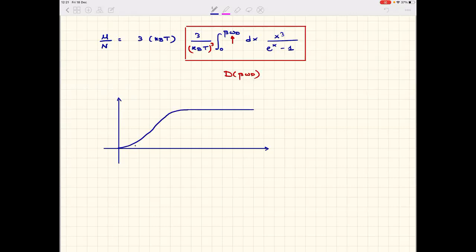And this growth at small temperatures of C over N kB as T cube is actually characteristic of the quantum mechanical behavior of solids, of phonons in solids.